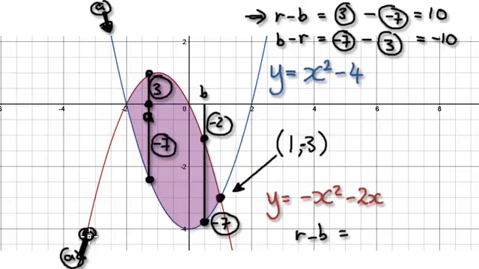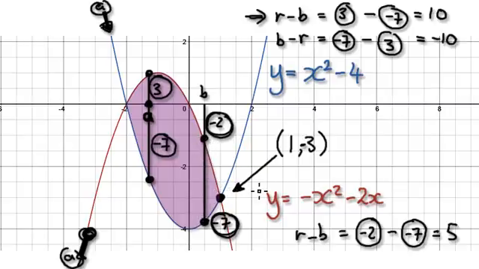Put B into the red line, and it will spit out a -2. Then you take away the blue line. Put B into the blue line, and it will spit out a -7. So in this case we have -2 plus 7, which is positive 5. So this length here, from here to here, is a positive 5.